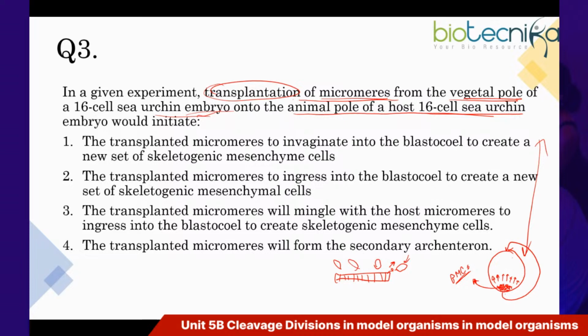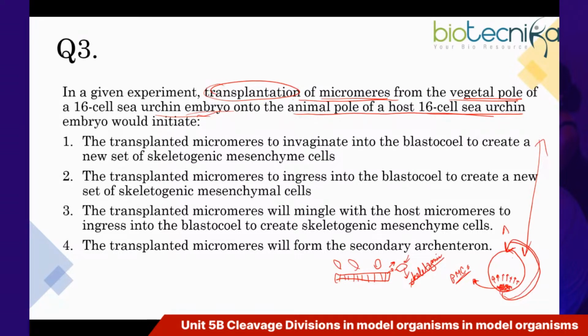Primary mesenchymal cells are going to make skeletogenic mesenchymal cells. Actually, these primary mesenchymal cells only later join and fuse together to form skeletogenic rods.